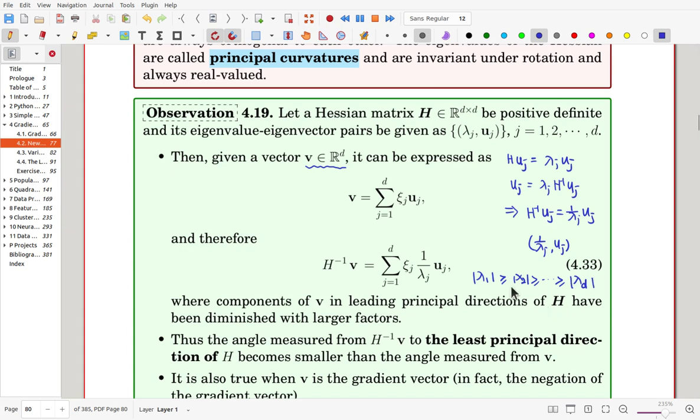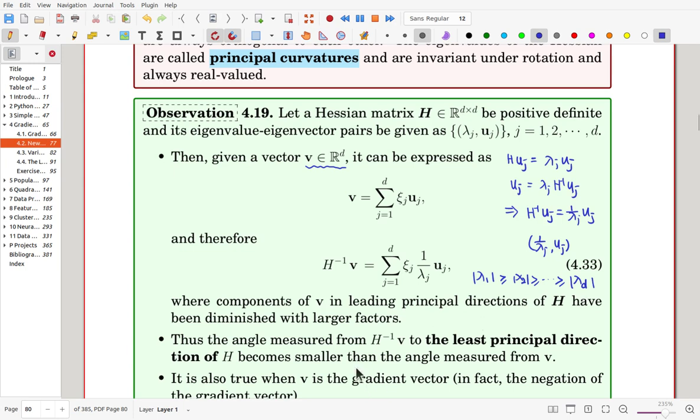Then among their reciprocals, 1 over lambda_1 is the smallest. So in this expression, u1 will be most diminished. That means that once eigenvalues are larger in this direction, it is more diminished, and relatively the last one will not be much reduced.